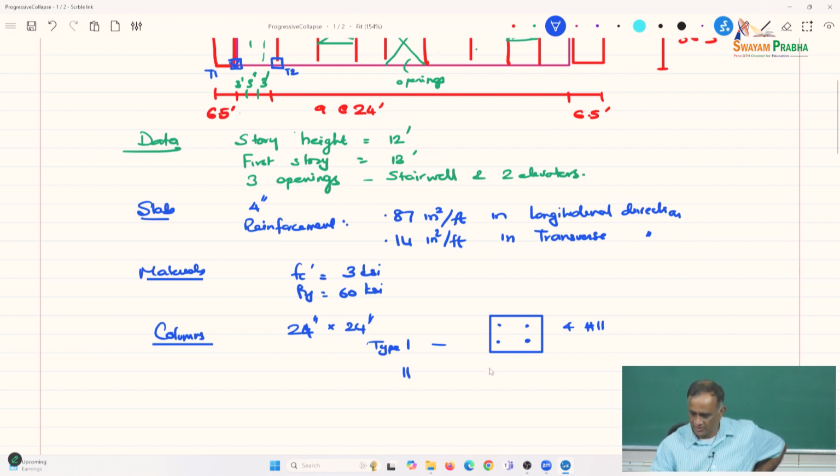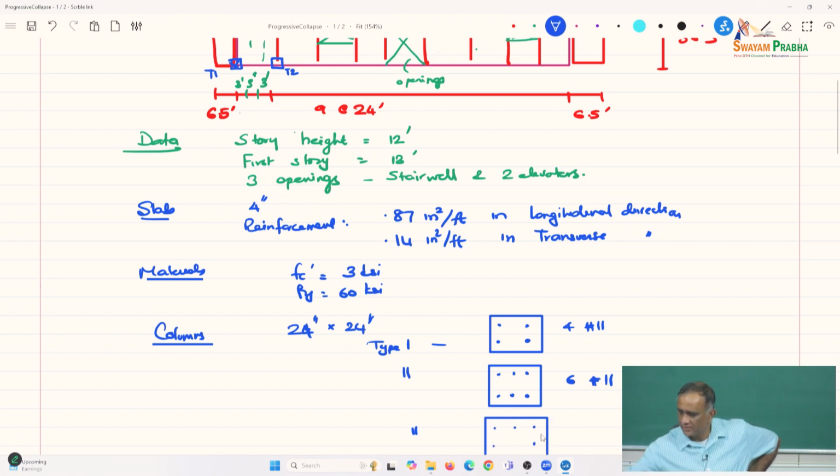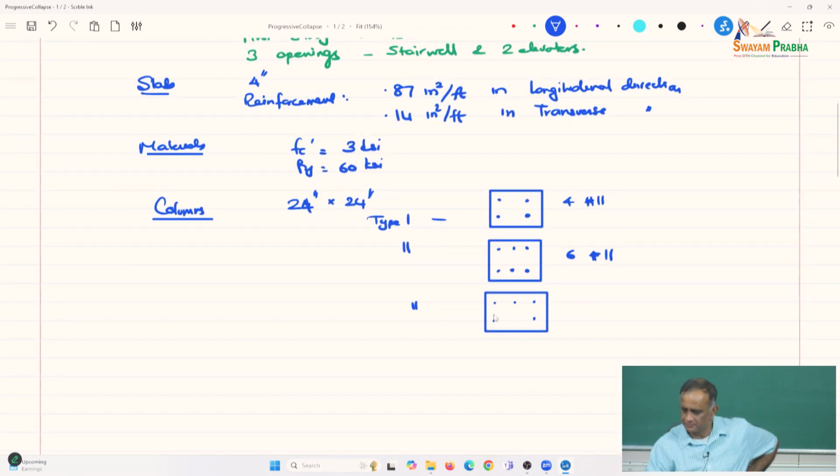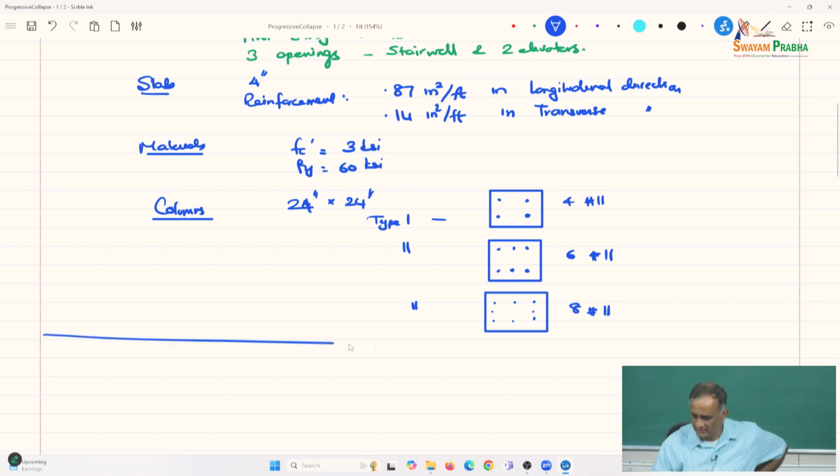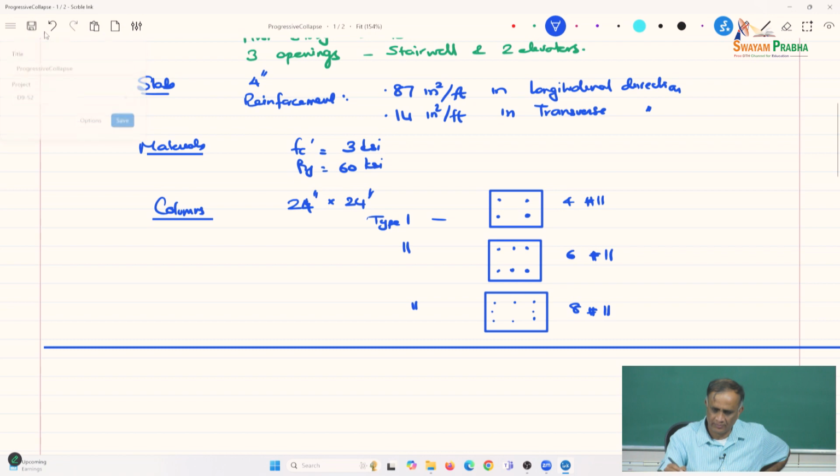Type 2 is a column with 6 number 11s, and type 3 is a column with 8 number 11s. So, these are the data provided.